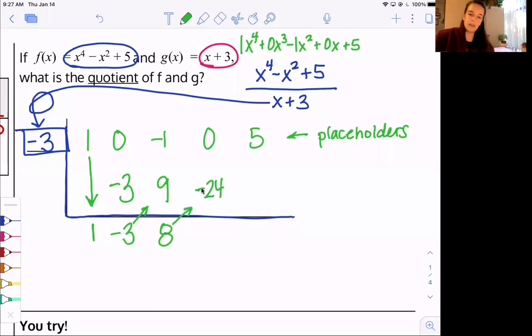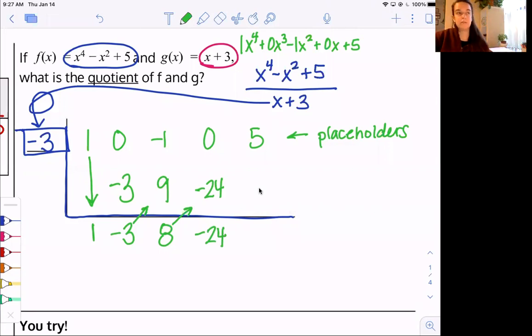The numbers start to get kind of big here. That's okay. 0 minus 24 will be -24. Now I need to do -24 times -3 to put here. I know it's going to be positive.